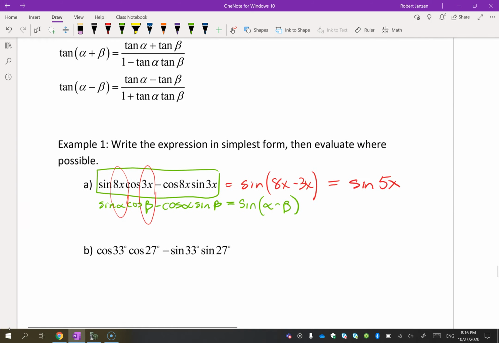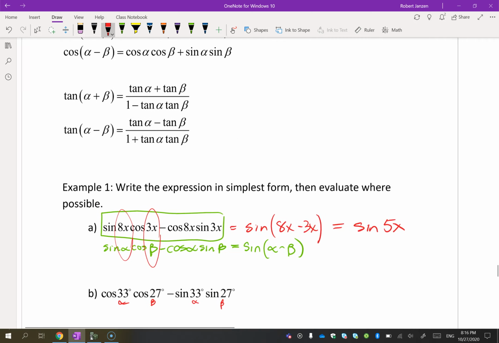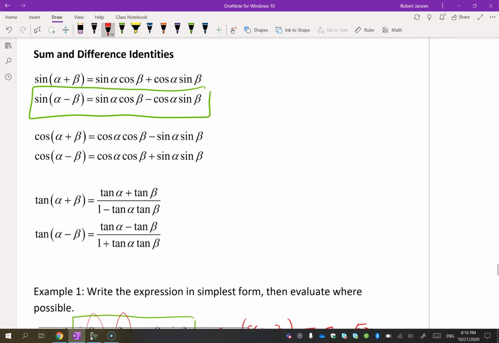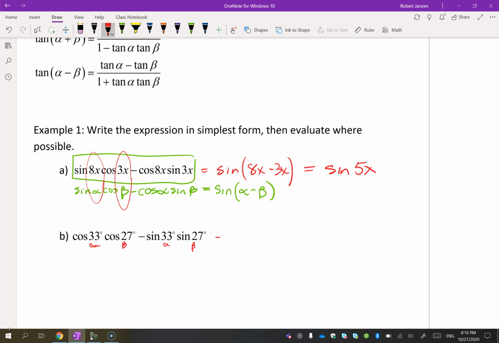Okay, so look at the next one. In this case, if you think of cos alpha cos beta minus sine alpha sine beta, is that one of the formulas? So we're looking for cos cos minus sine sine. Well, that's this formula. So I can write this as cos alpha plus beta.